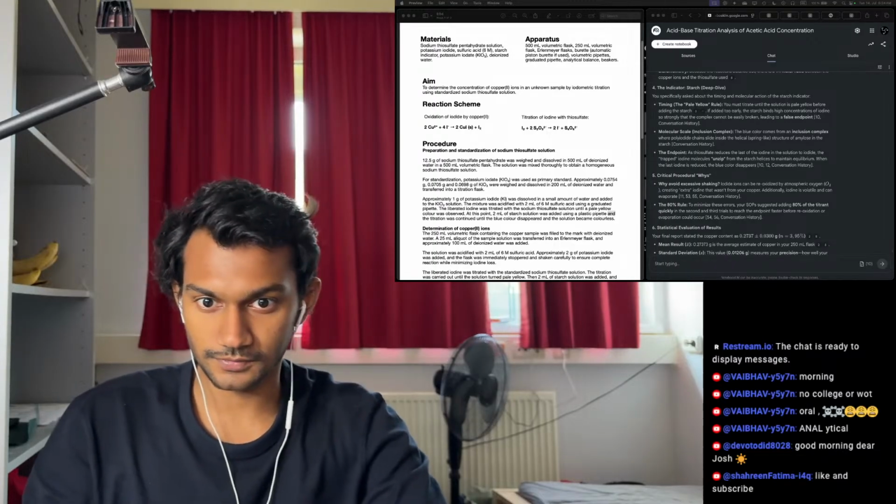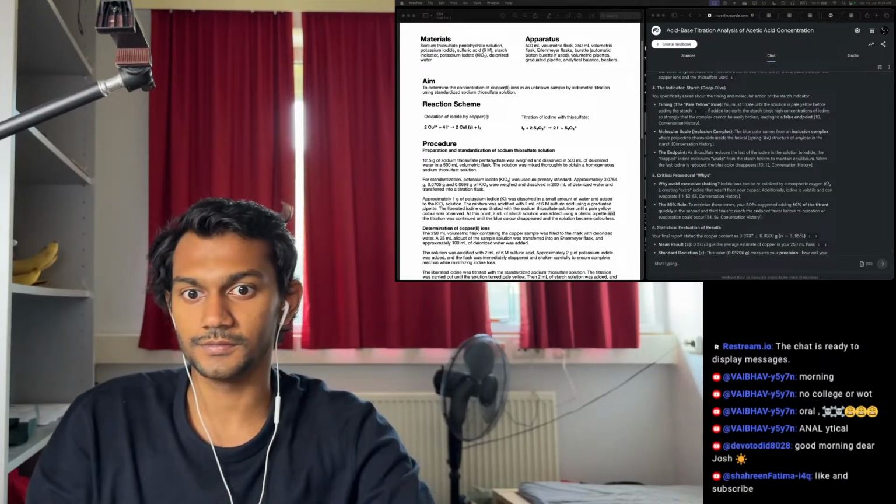We're moving to 8. Thin layer chromatography.